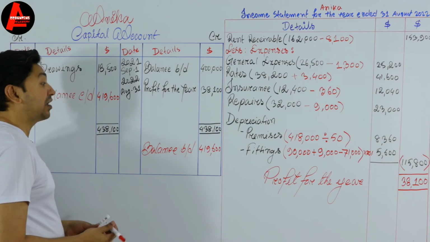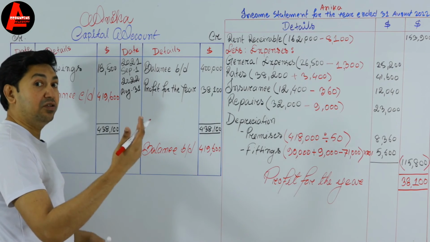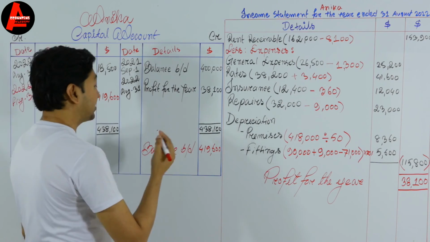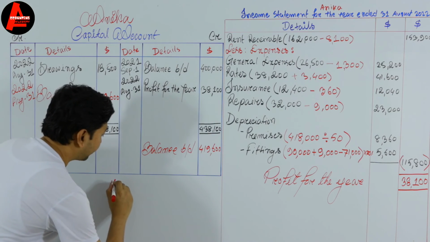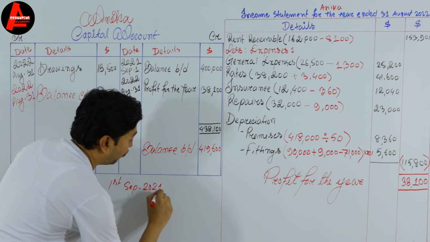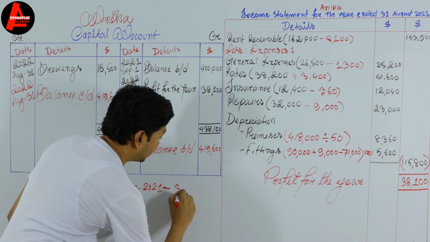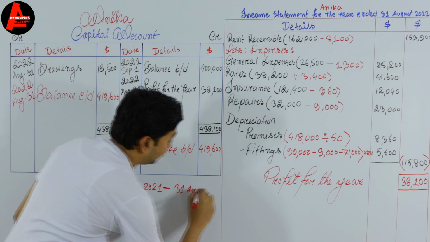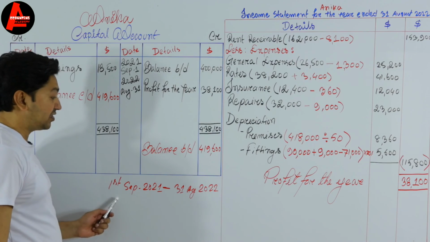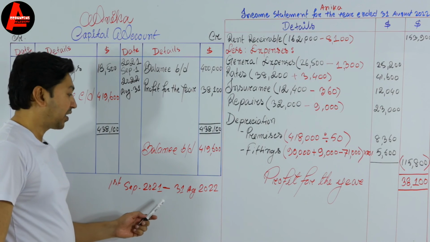What will be the date for balance brought down? It will be the first day of the next financial year. Here Anika started her business on 1st September 2021 and she ended on 31st August 2022. These 12 months were her financial year.